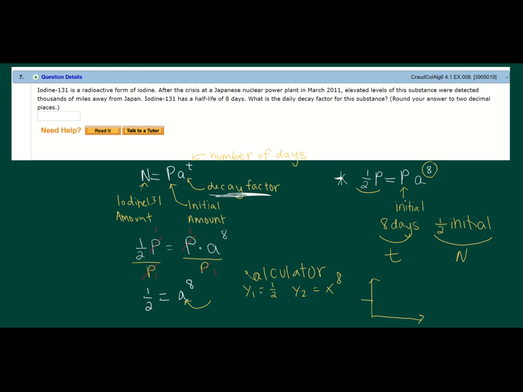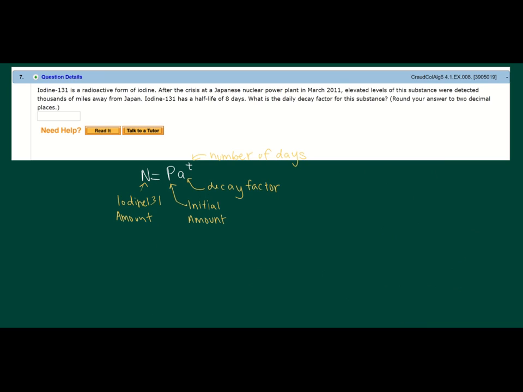One of the values will be 1/2. That's one of our functions that you're going to see on your graph. The other graph is going to look something like this. It's going to go whoop. And what you need to do is find that intersection point. The x coordinate of that intersection point will be your decay factor. It will be your answer here. So I'm going to let you finish this problem on your own.